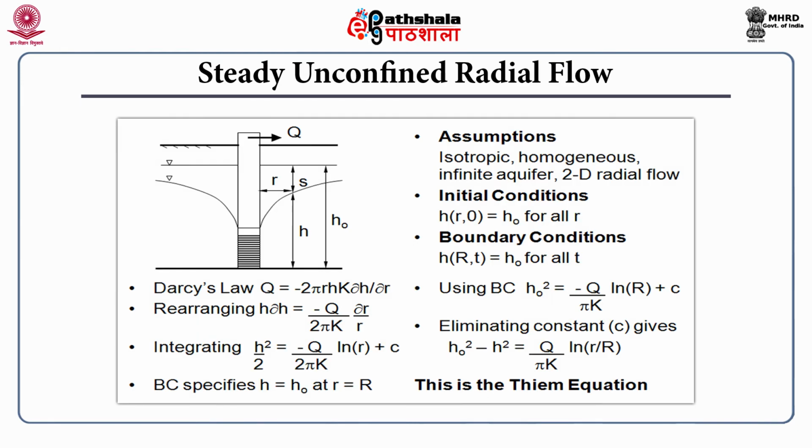Now, for steady state unconfined radial flow, we can consider a well fully penetrating an unconfined aquifer, considering that it is a completely isotropic, homogeneous type of aquifer media. By applying Darcy's equation, because Q is constant here, we can say Q equals K i. So, capital Q is going to be equal to K, that is the hydraulic conductivity of the aquifer in which this hydraulic well is drilled, into area.